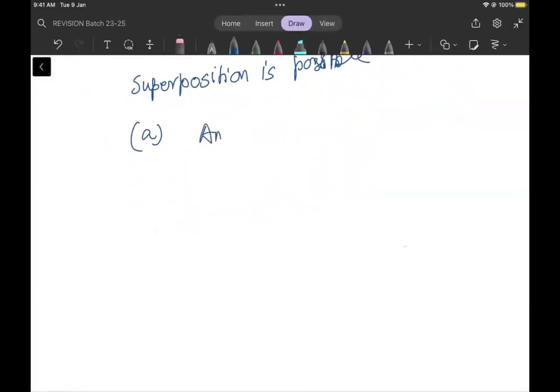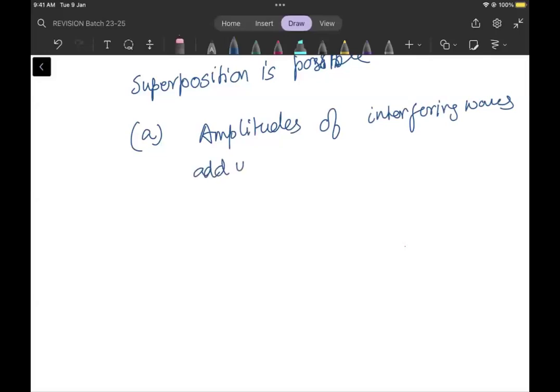And that is that the amplitudes, just like we discussed in SHM yesterday, amplitudes of interfering waves add up like vector quantities.